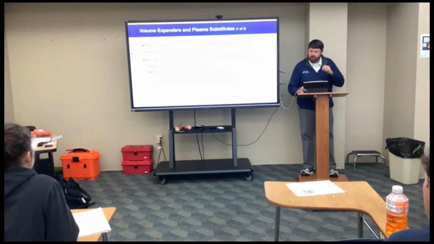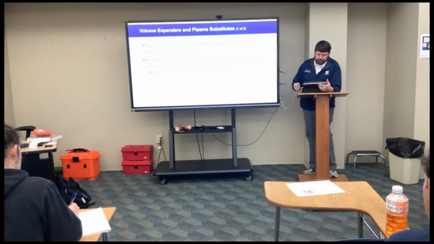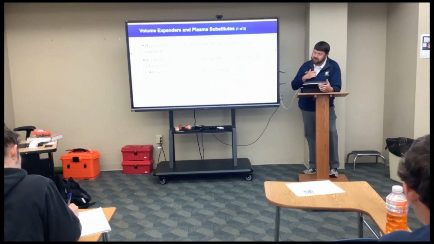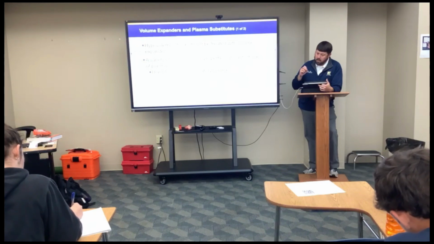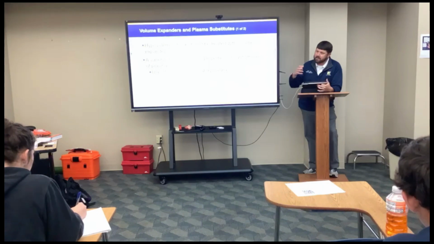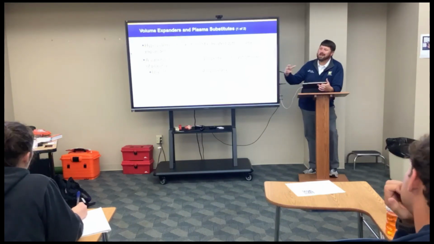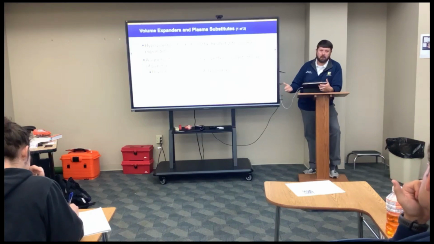Now, I mentioned volume expanders earlier. Volume expanders are going to be like plasma substitutes or just something to expand volume, but it's not going to have blood or oxygen carrying capacity. Okay?